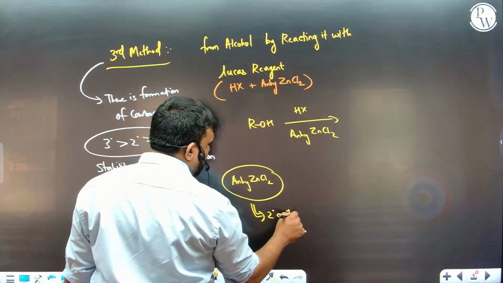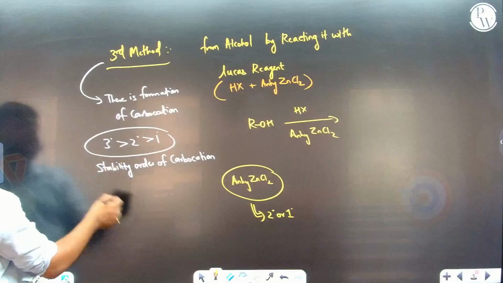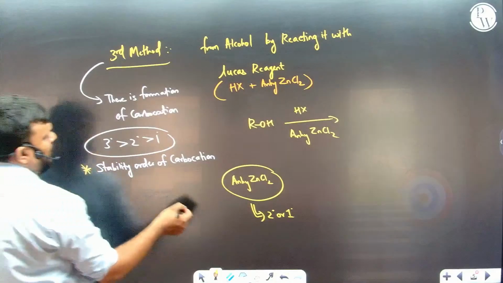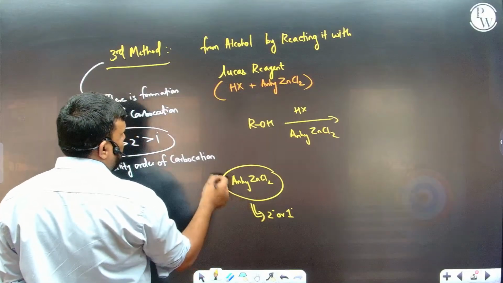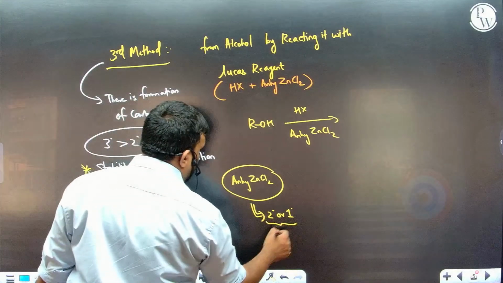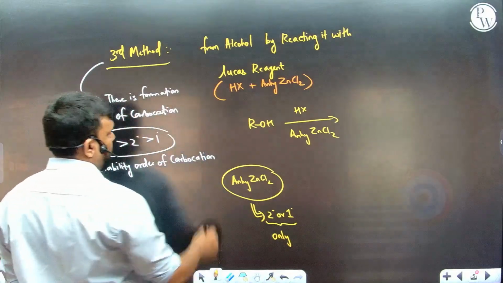Why? In case of 3 degree, the reaction is very much spontaneous because 3 degree carbocations are very much stable. So anhydrous ZnCl2 is required only for 2 degree and 1 degree.